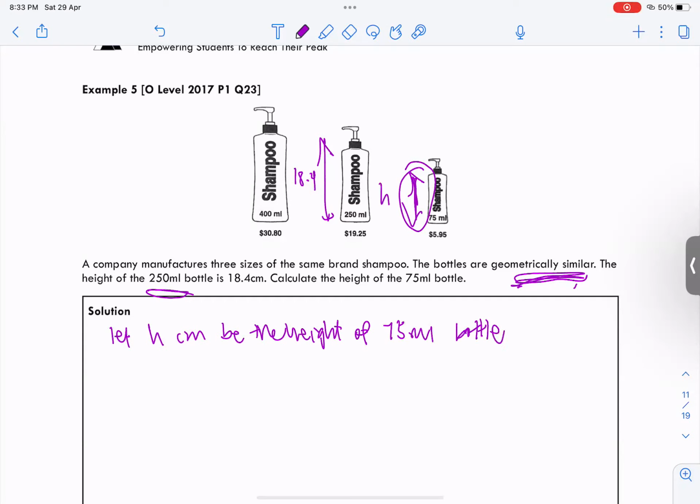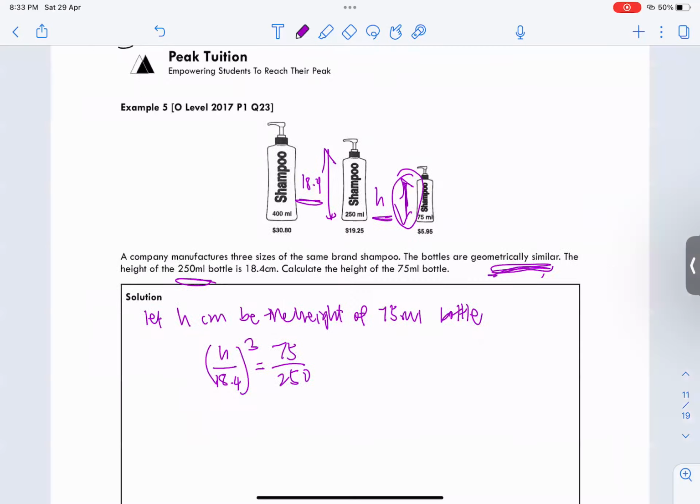So now I label this as H already, 18.4 and H. Then I apply the formula we have. The volume ratio, 75 over 25, equals the corresponding side ratio, H over 18.4, and you cube it because it is volume.